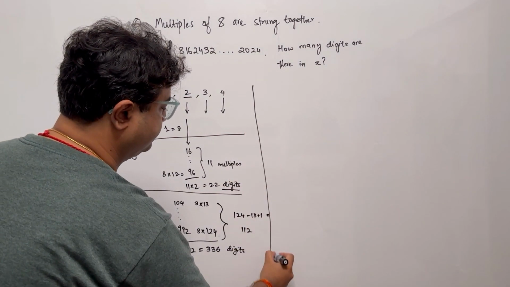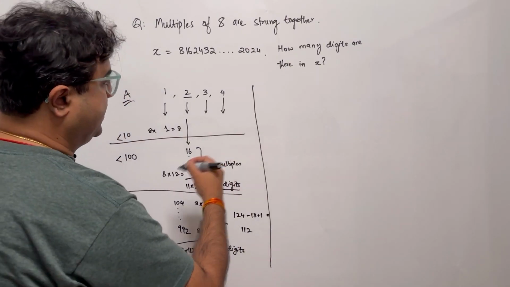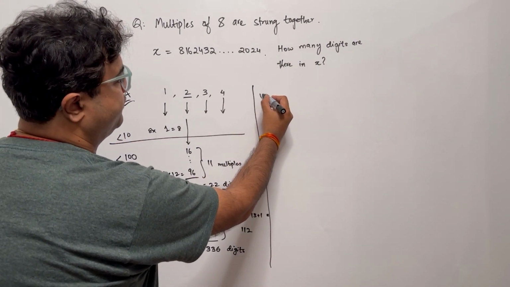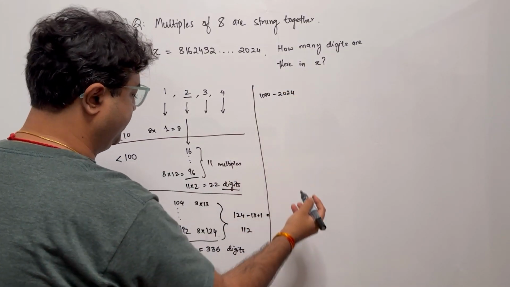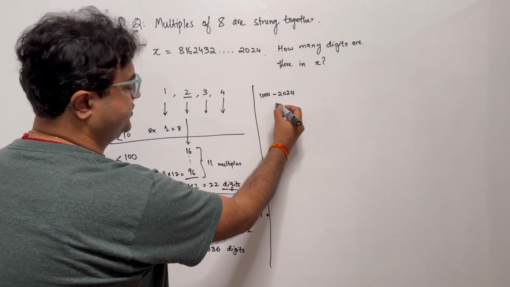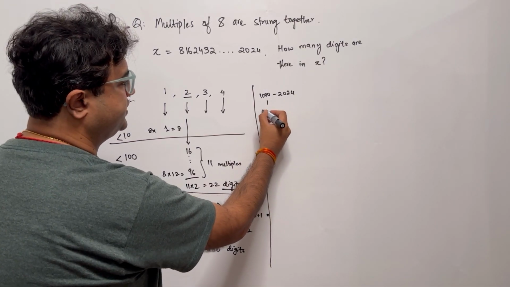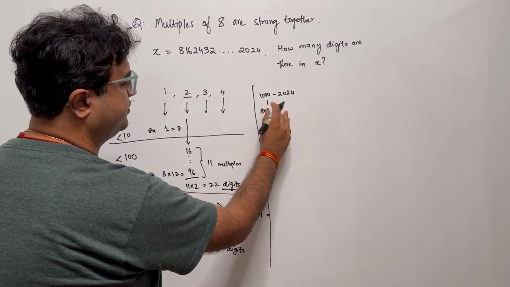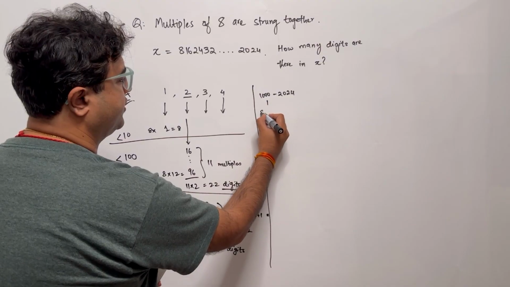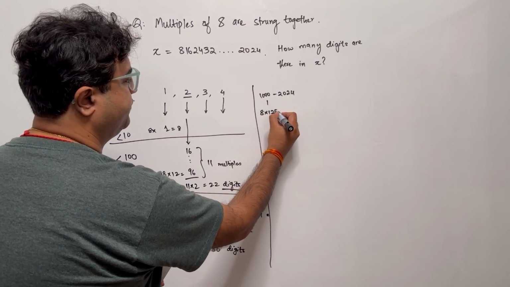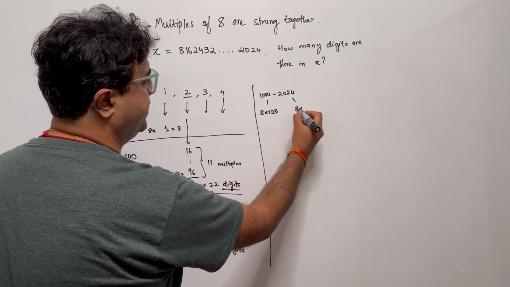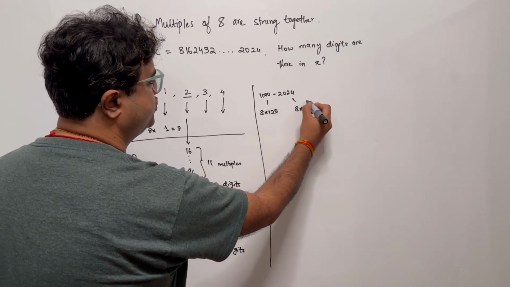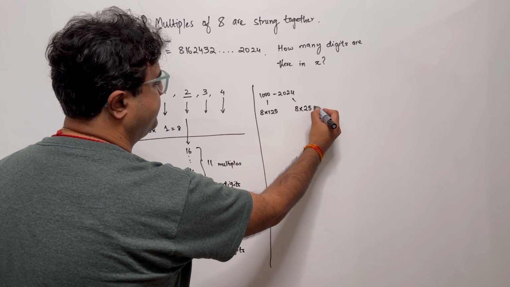Okay. And then the last one, between 1000 and 2024, how many digits are there? So this is 8 multiplied by 125, and this is 8 multiplied by 253.